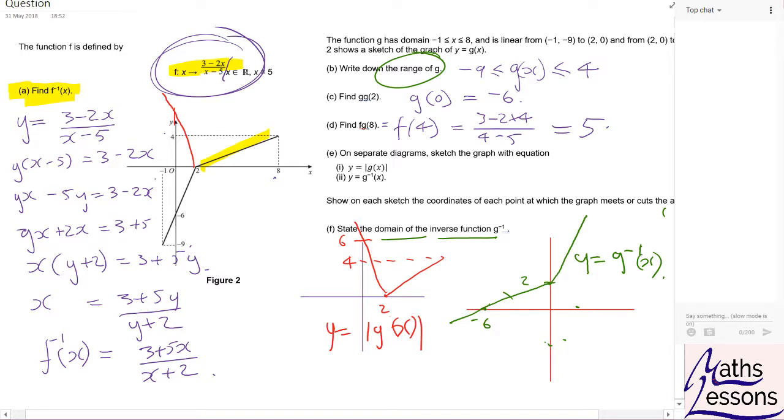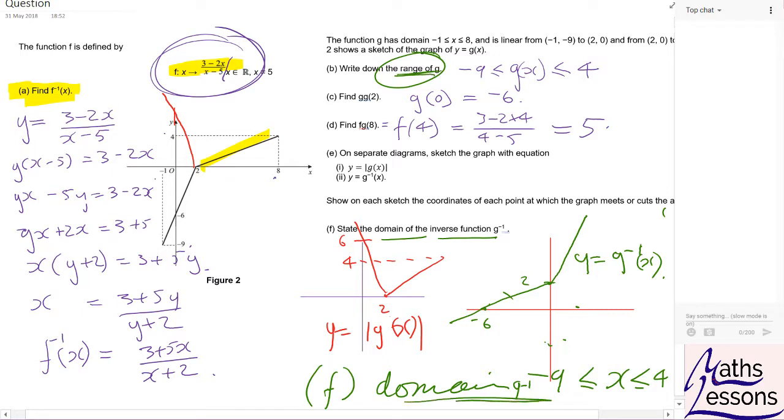So the domain will also be minus 9 less than or equal to x less than or equal to 4 for g minus 1. Remember, the range of g is equal to the domain of inverse g, and consequently the range of inverse g will also equal the domain of g.